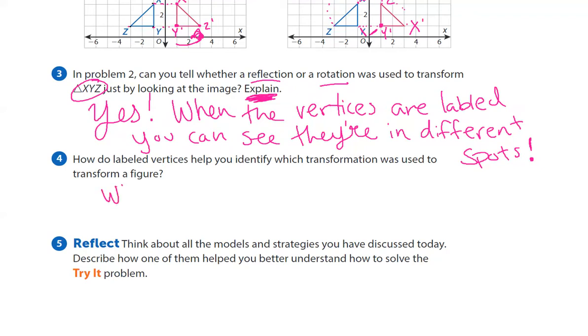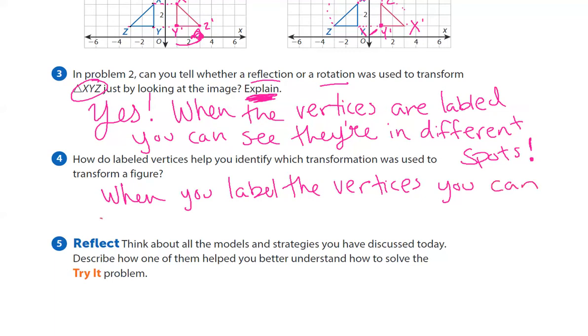Let's see. When you label the vertices, oh, I'm going to change my answer. When you label the vertices, you can see the specific position or orientation.